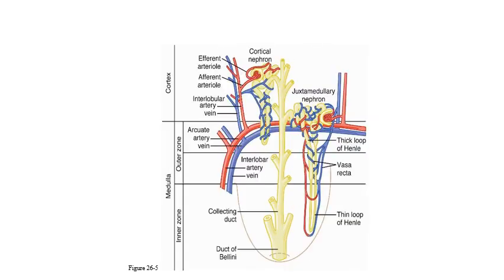There are actually two types of nephrons. The nephrons that are mainly present, or most of the nephron is present, in the cortex are called cortical nephrons. Only a little part of the loop of Henle is found in part of the medulla.